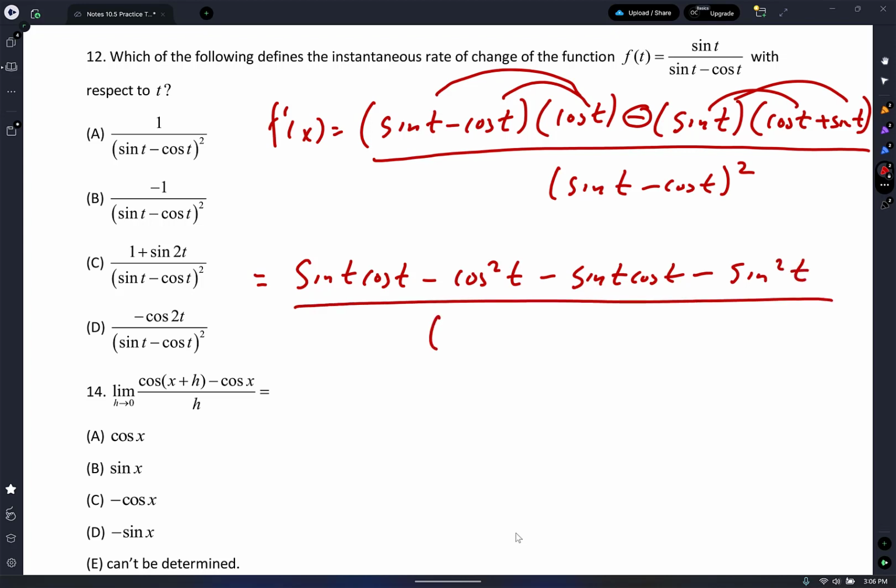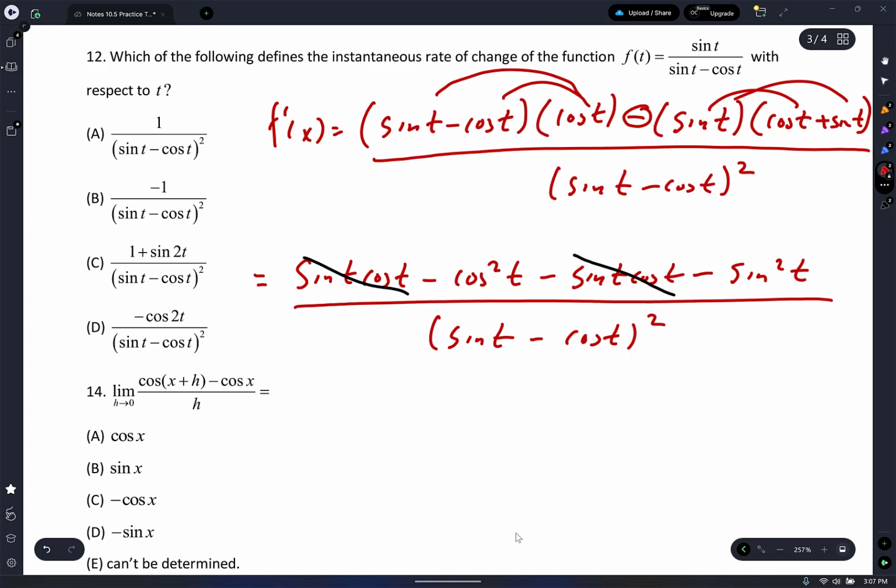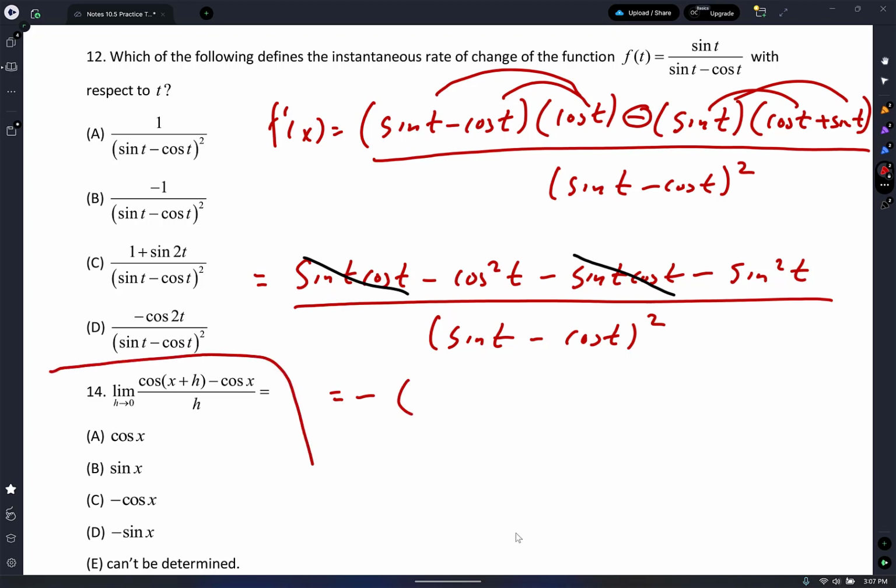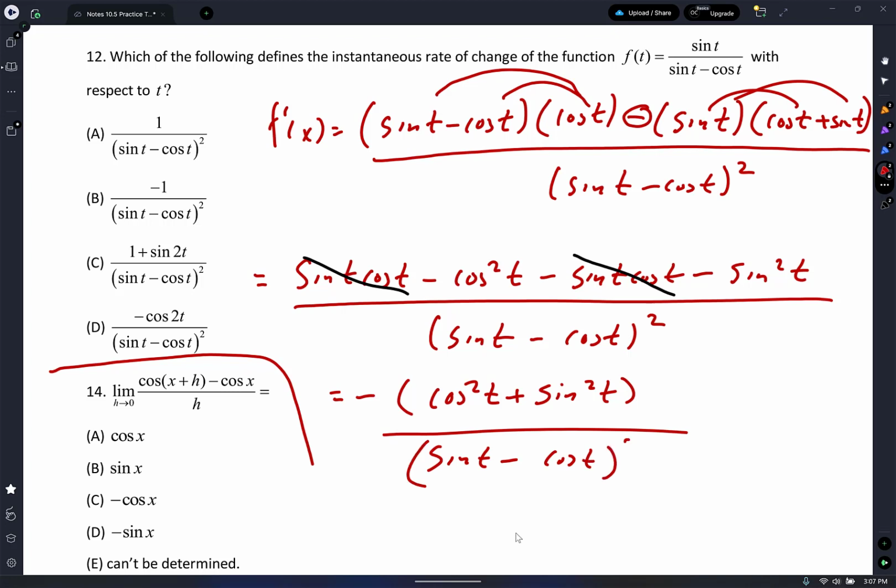All this is still over (sine t minus cosine t) squared. What is going to zero out in the numerator? Now that I've zeroed that out, focus: the negative cosine squared t minus sine squared t, I can factor out a -1, and that will turn into cosine squared t plus sine squared t, all over (sine t minus cosine t) squared. Do you guys see that? Negative factored out. I know I'm going into question 14, but that's okay.